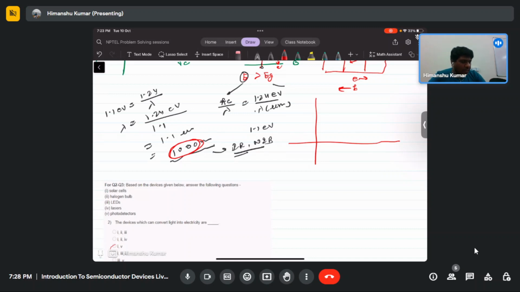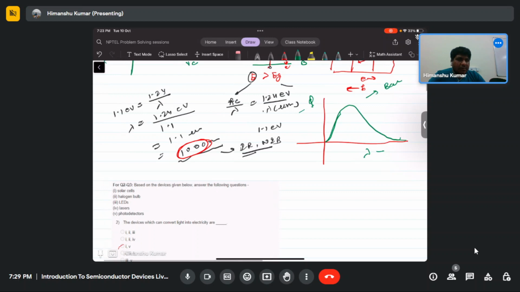This is the solar spectrum, which looks similar to black body radiation. This axis is the flux and this is the wavelength. The idea in a solar cell is that you want to capture this whole spectrum.